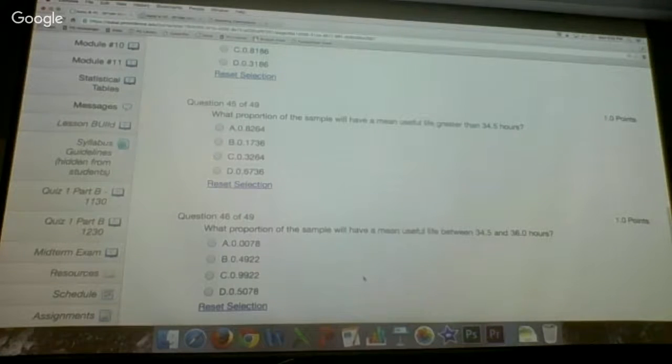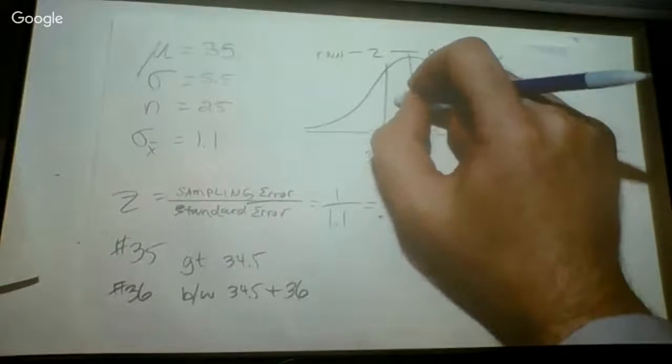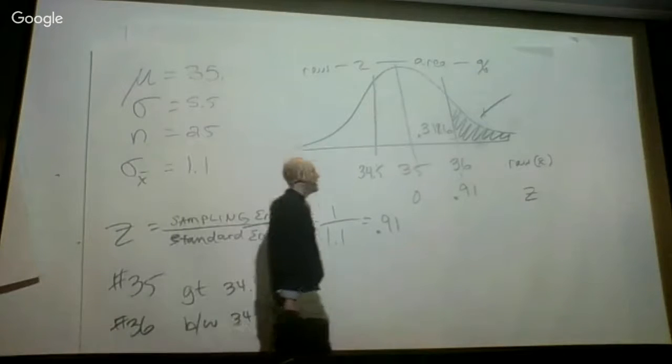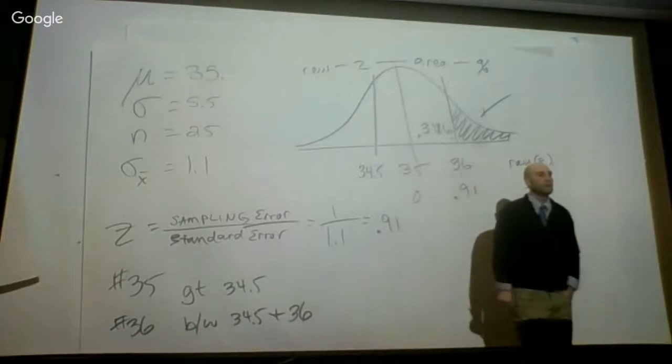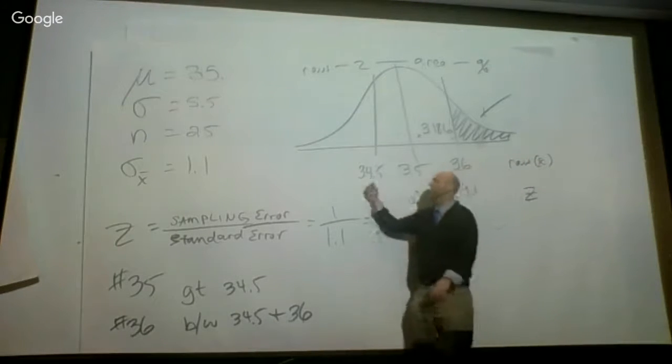So for number 45, we're going to do greater than 34.5, and for number 46, we're going to do between 34.5 and 36. So if the z-score for 36 is 0.91, because its sampling error is 1, what's the sampling error associated with 34.5?